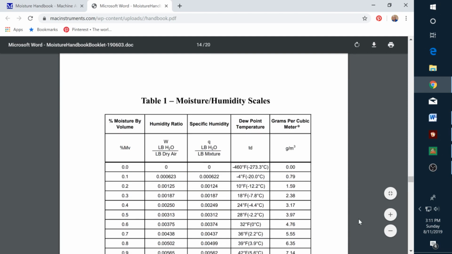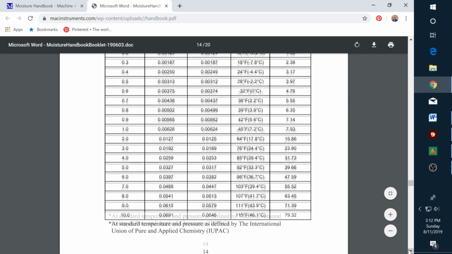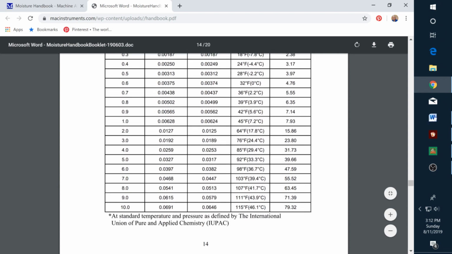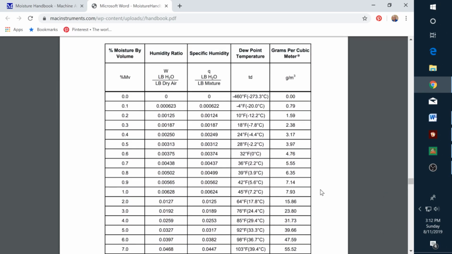In the first column here, we have percent moisture by volume, and that's calculated for the dew point temperatures shown here. And everything here is calculated based on a pressure of 1 standard atmosphere.